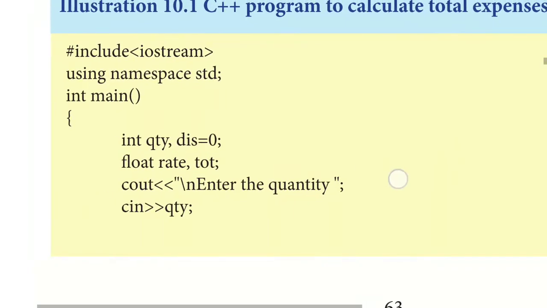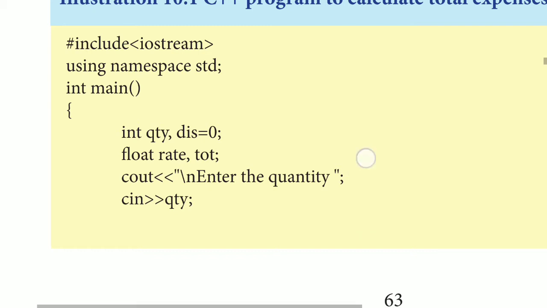Here you can see that #include iostream is a header file, a predefined header file, and using namespace std. Through the entire project you will be using std as a namespace which registers the variable names of all programs.